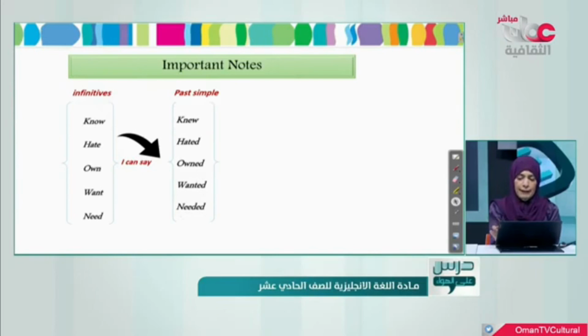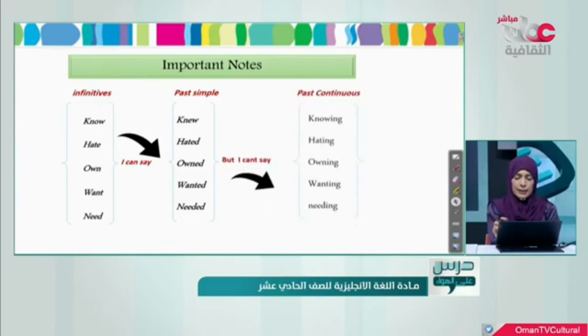But actually, I cannot use any of them to indicate continuous. I cannot say knowing, hating, owning, wanting, or needing, because they are mental activities. We cannot state them using the action activities. So with those verbs, I cannot use the past continuous. I'll use past simple.